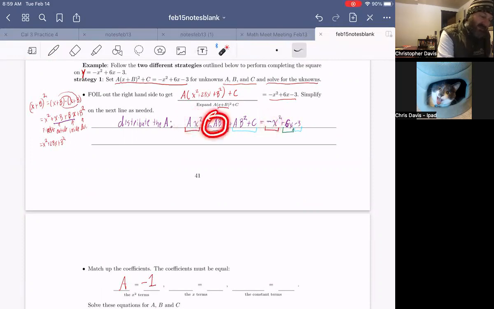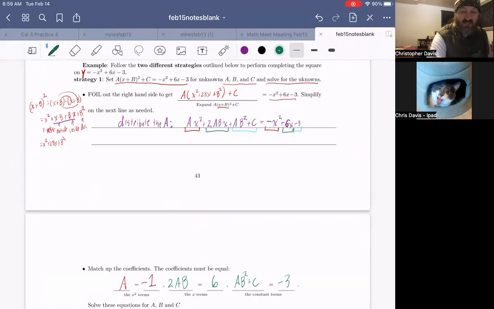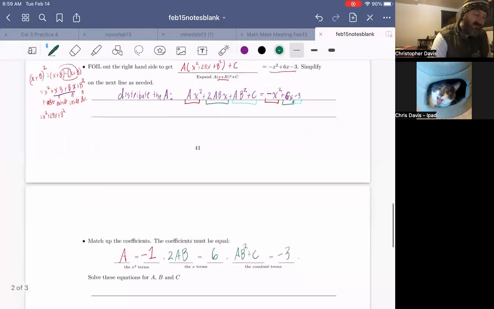The linear terms have to be the same. 2ab has to be 6. And that was green. 2ab has to be equal to 6. And finally, ab squared plus c has to be equal to -3. And the job now is solve.